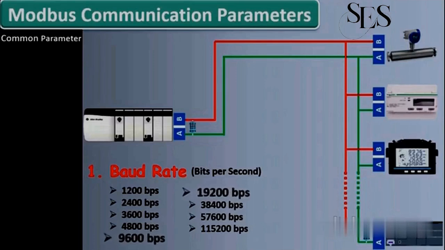The most commonly used baud rates in Modbus communication are 9600 bits per second and 19200 bits per second.